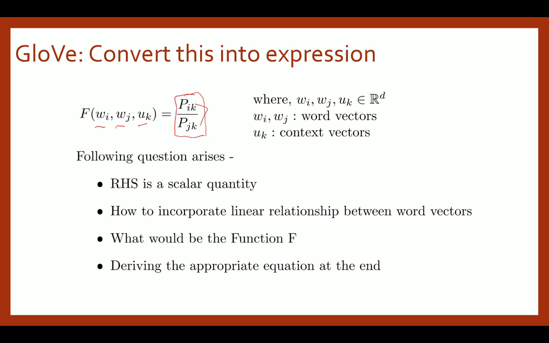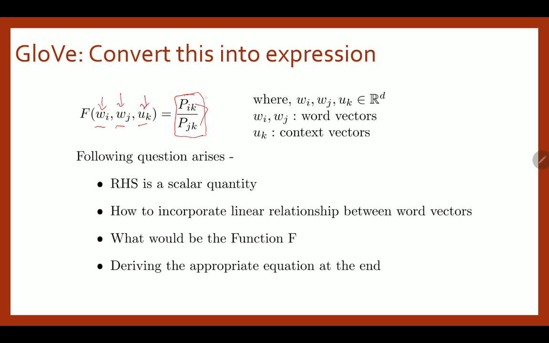One is with respect to the row, which is the target word representation, and one is with the column, which is the context word representation. Similarly, here also we differentiate between the target word and the context word. Since I am looking at the target words i and j, I consider their target word vector representations, and k is the probe or the context word, so I am looking at the context vector representation.